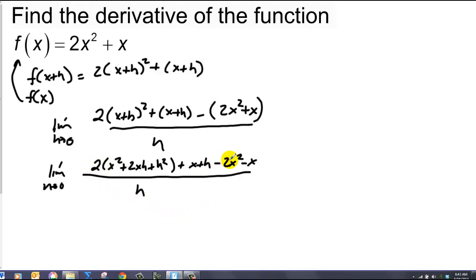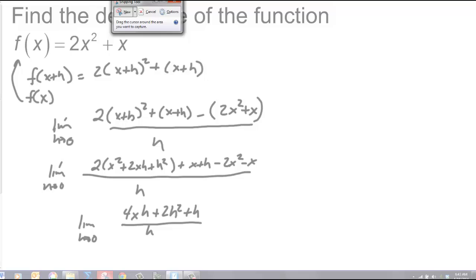There's 2x squared minus 2x squared, which goes away. 4xh. I have no xh terms, so this is 4xh. 2h squared, don't have any h squared terms. Plus x minus x goes away, plus h. All over h, taking the limit as h goes to 0.